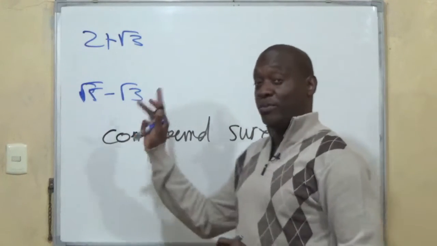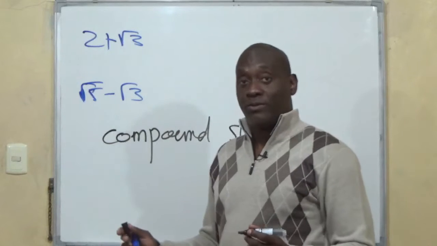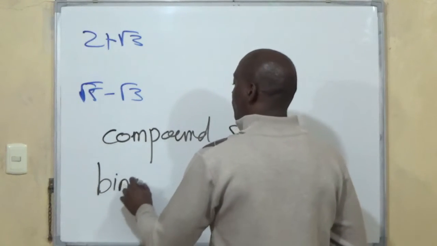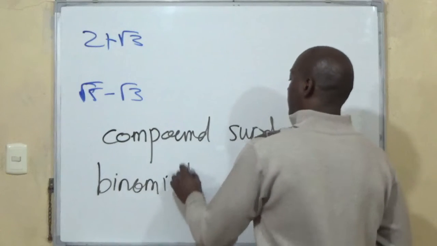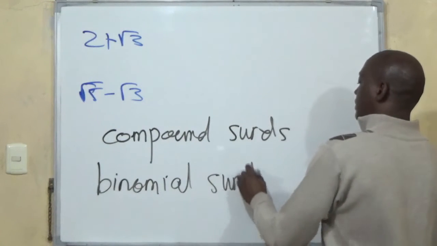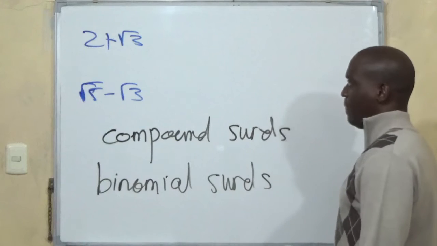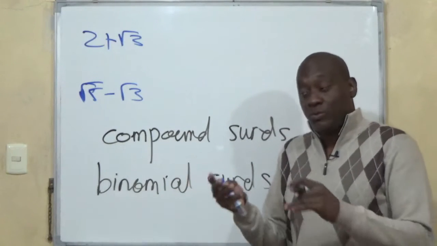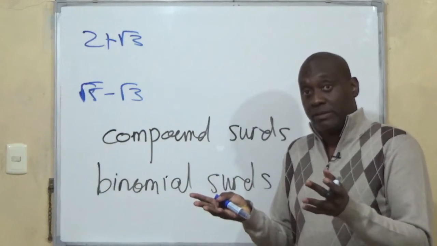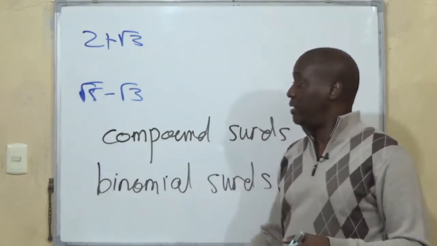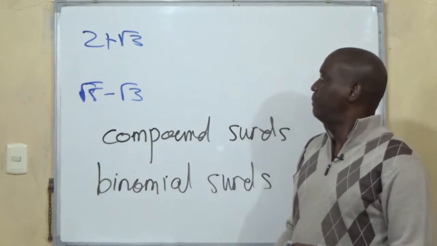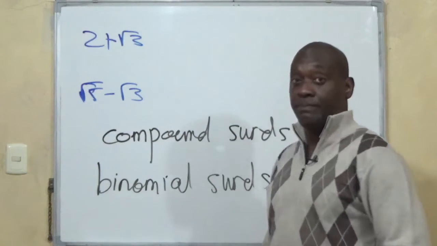But both of them can also be described as binomial surds. A binomial surd is simply a surd with two numbers. Binomial. That's basically it.